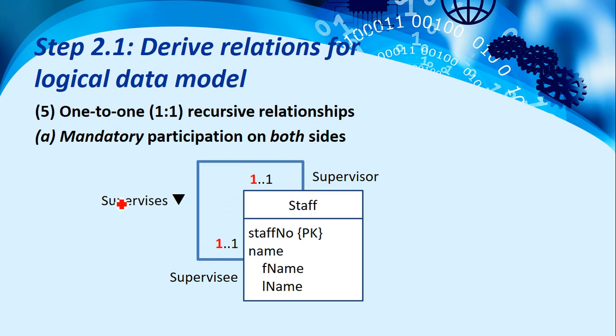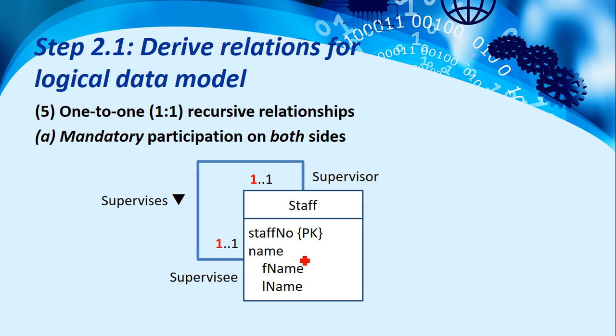So we also have the following, staff supervises. Which means if you're going to read this one, staff as a supervisor supervises one and only one supervisee na staff.